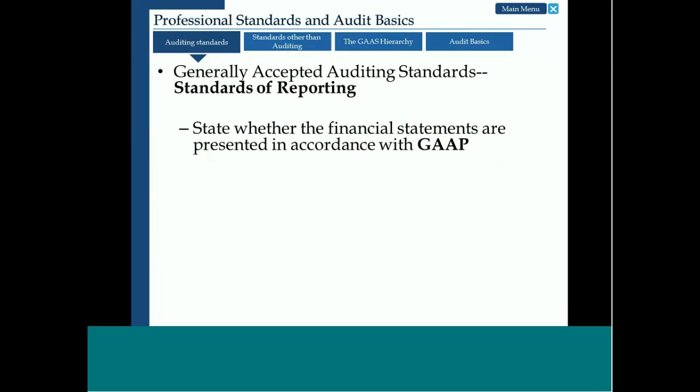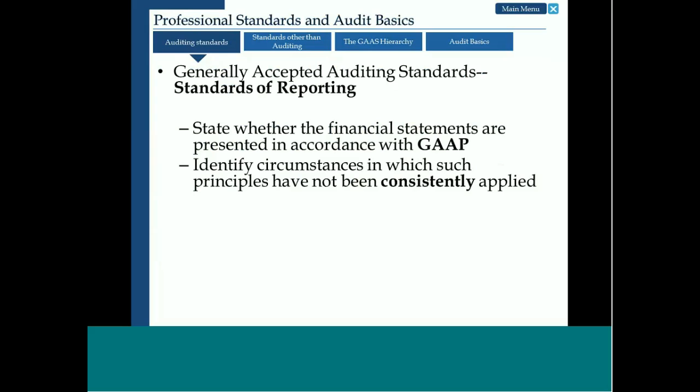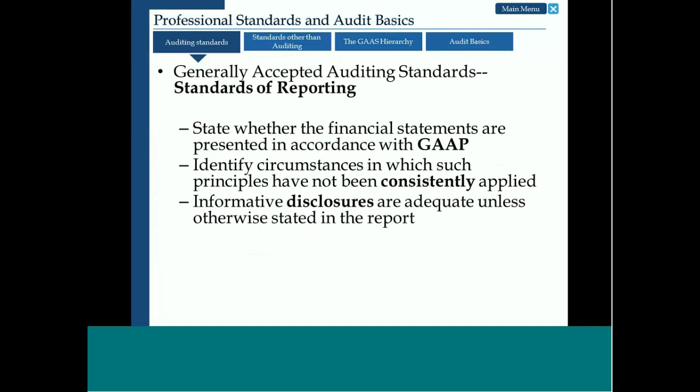GAAP compliance when I'm doing reporting, when I'm preparing my audit report. Then I need to see whether the principles are followed consistently or not. Then whether informative disclosures are adequately disclosed or not. So whether all disclosures under GAAP and GAS are disclosed, and whether all principles are followed consistently or not.